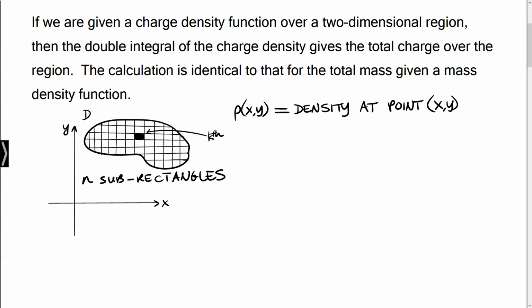I'm not going to be indexing these with i and j in both directions. Let's just say there's n of them, and this is the kth one out of the n. So this is the kth subrectangle, and let's say that delta A sub k is the area, and we're going to take a sample point inside here, x k star, y k star.